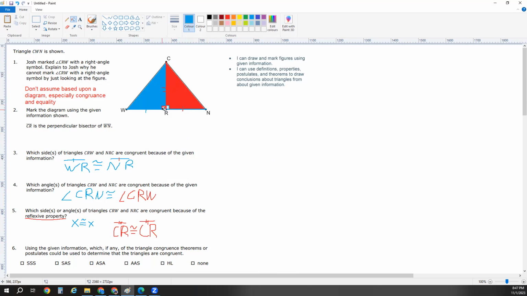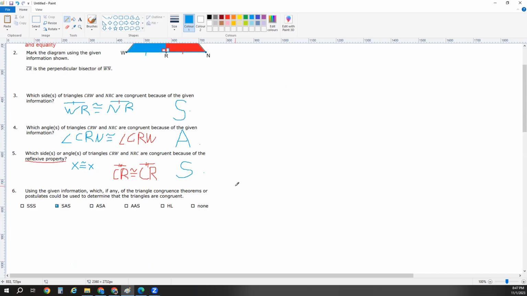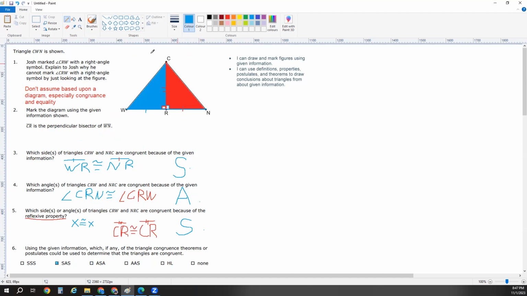I have two angles that are congruent. This angle here and this angle here are congruent. I identified it right here. I have these angles that are congruent, and I have this side that is congruent between those two angles. So I have a side, angle, and a side that are congruent. So there you go, I have a side angle side. So that's how we did that one.